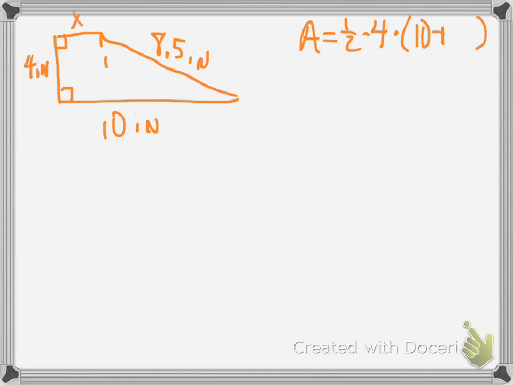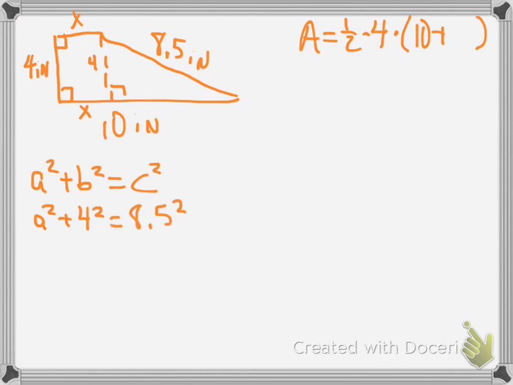If I subdivide this a little bit, I've got a 90-degree triangle at the side here, which means I can use a squared plus b squared equals c squared to find this distance right here. If I find that distance, I can subtract it from 10 to find x.